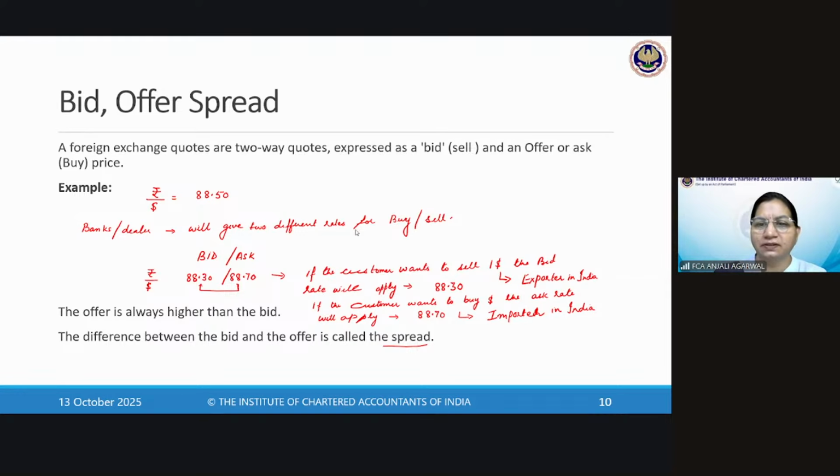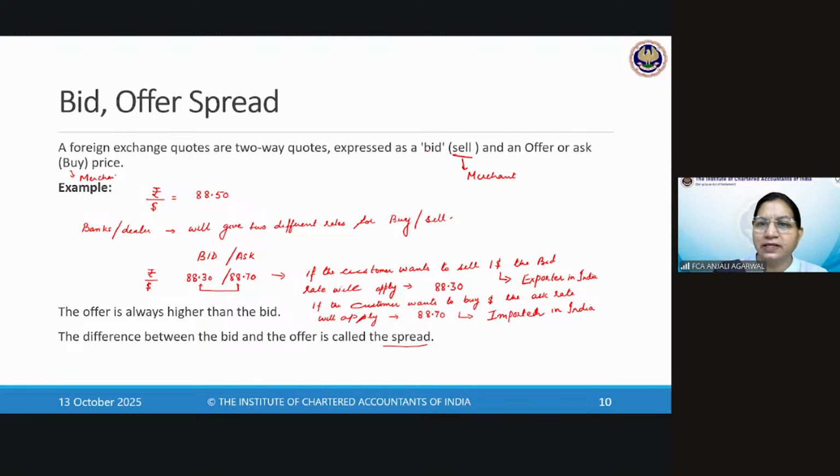Yes, Saransh or Prithviraj, you're saying you're finding something different. Bid is the price to buy and vice versa. Okay. Bid is the price to buy and vice versa because the bank is buying and the merchant is selling. So this sell is from the merchant's perspective, and this buy is also from the merchant's perspective.